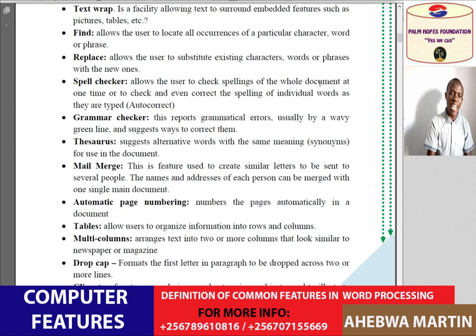Then they are talking about drop cap. So the drop cap formats the first letter in a paragraph to be dropped across two or more lines. So drop caps are like a big letter. For example, if I'm typing the word Martin, I may choose to make M bigger than other characters.